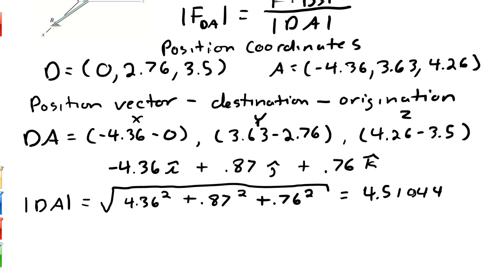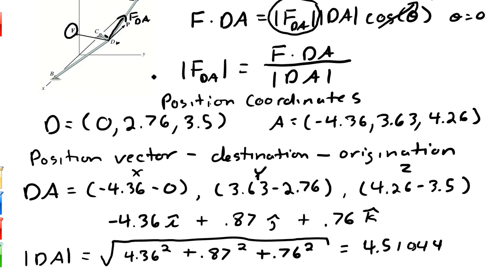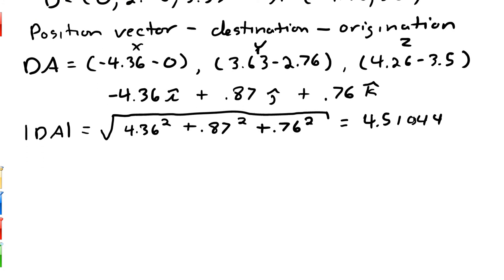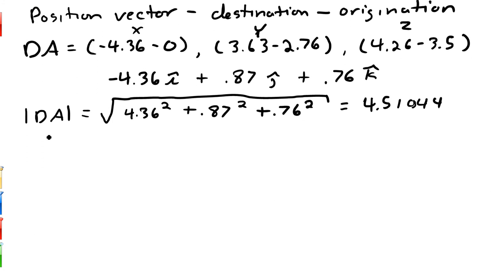So now we're ready to use our above equation right here to find the magnitude of F, the force in the dA direction. So I'm going to write this out in a little bit of a longer format.